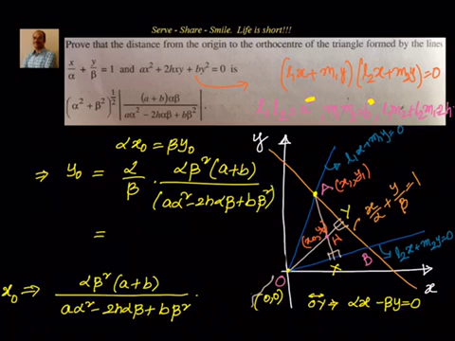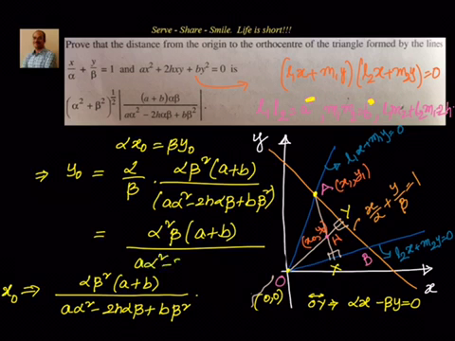Simplify that, we will get alpha square beta into (a plus b) divided by (a alpha square minus 2h alpha beta plus b beta square).